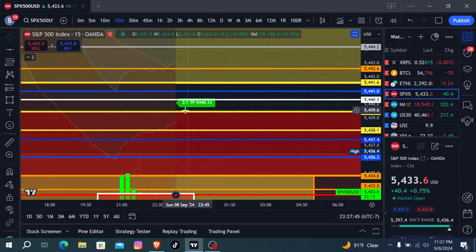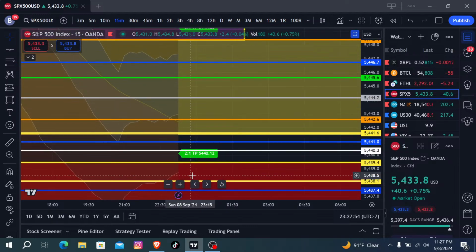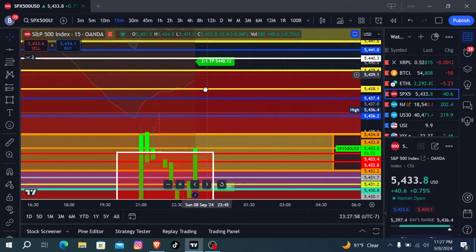But that depends on where we break out of. If we're here by 12:15, we're most likely gonna go in here and close at 1, and that's if we still maintain it, because it's still early.